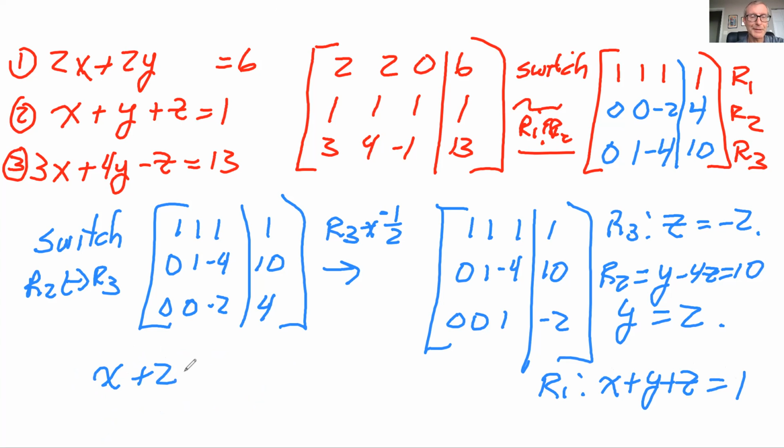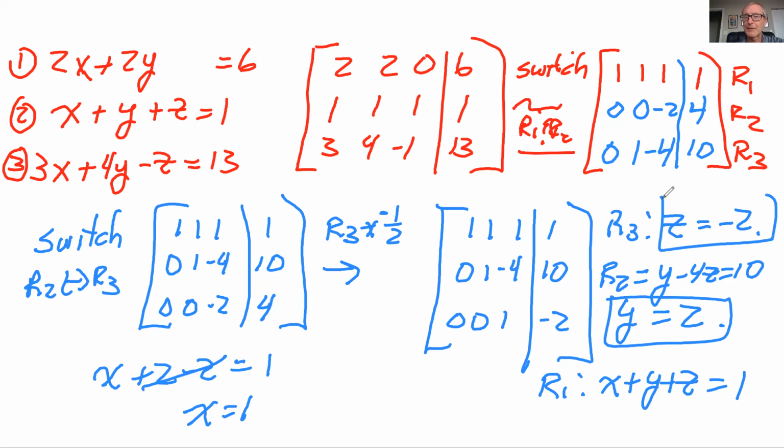What's Z? -2, and that equals 1. So you see those cancel, and you get X equals 1. So these would be the answers: X equals 1, Y equals 2, and Z equals -2.